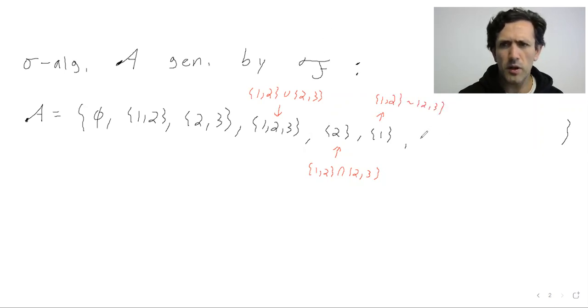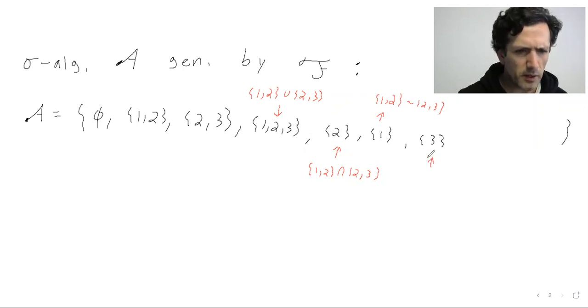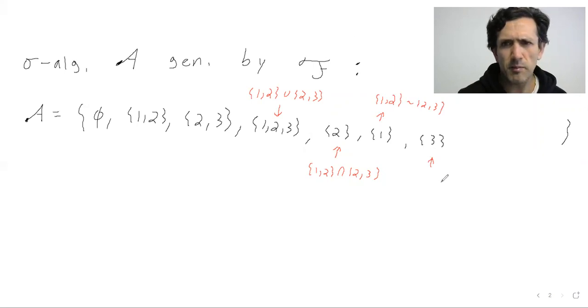We know {3} has to be in my sigma algebra, and you get the point. {3} is {2, 3} take away {2}, which is the singleton containing 3.